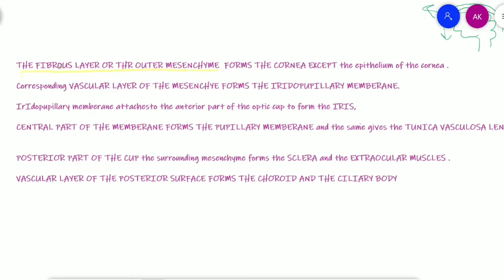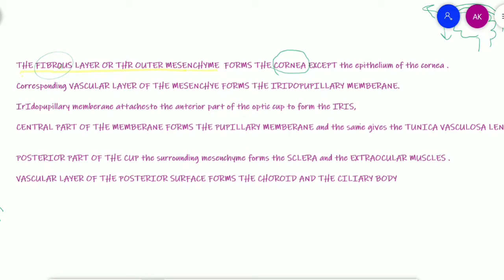It is very important for you to know that there are 5 layers of the cornea, and only one layer, that is the epithelium, is not formed by the fibrous layer of the mesenchyme. All the remaining layers of the cornea are formed from this fibrous or outer layer of the mesenchyme.